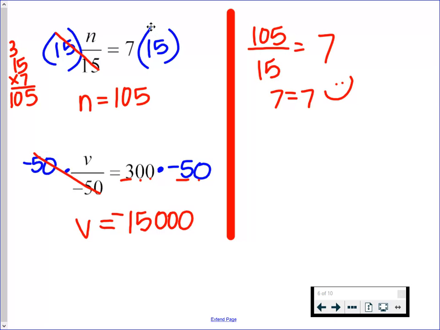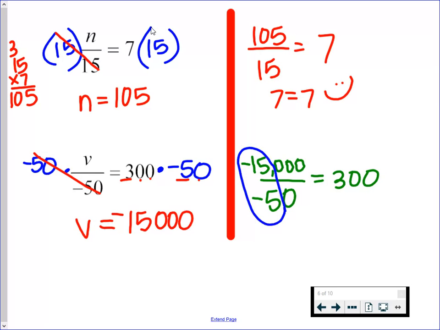Since our cat Fuzzy can't help us, we better check over here by ourselves. It used to say V divided by negative 50. Now we're thinking negative 15,000. 2 hints.